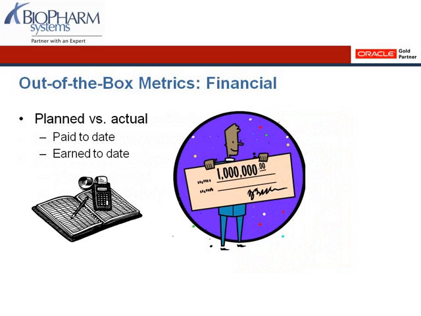So now we'll look at some of those out-of-the-box metrics in our last category, which is financial metrics. And these, of course, are also very important when tracking study progress and overall spend across studies for an organization.